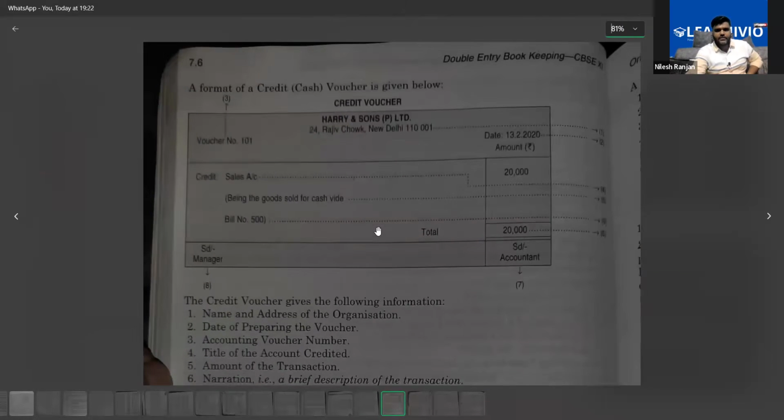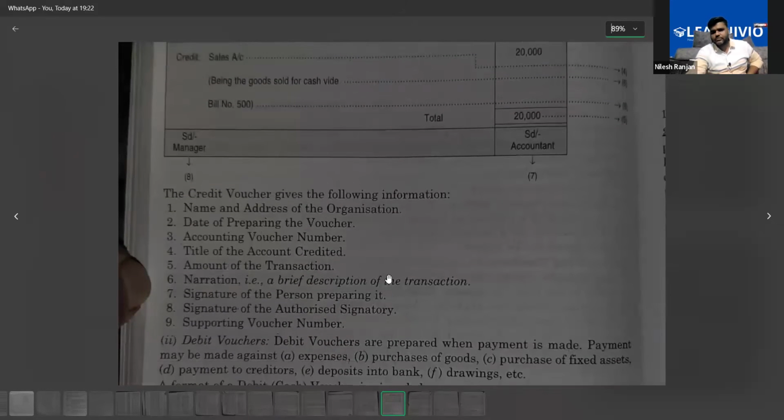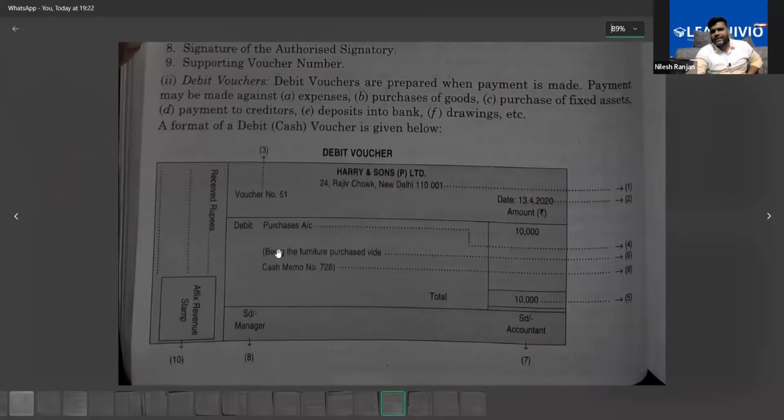Now you can see here, credit voucher. We are making a sale, so only credit the sales account. Debit voucher, only debit purchase. There is no other item.